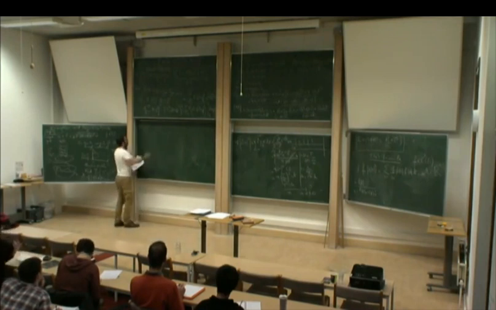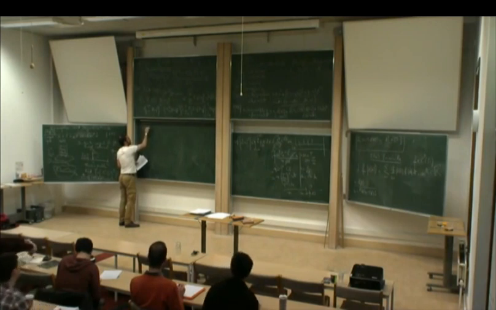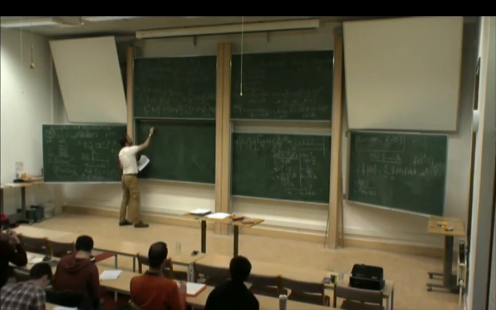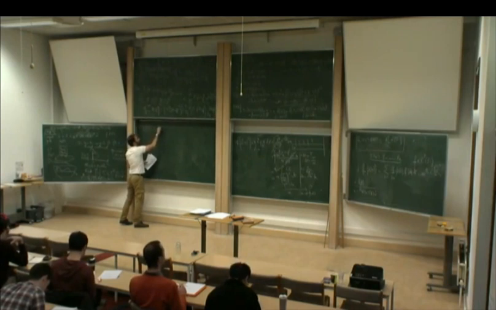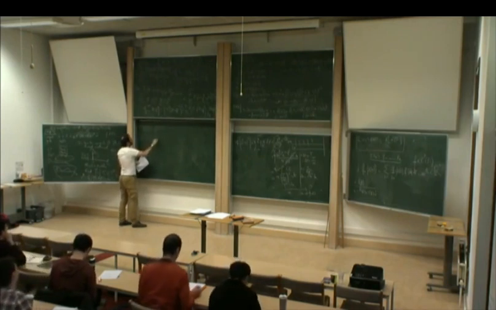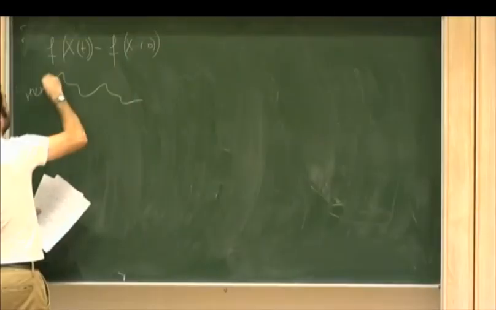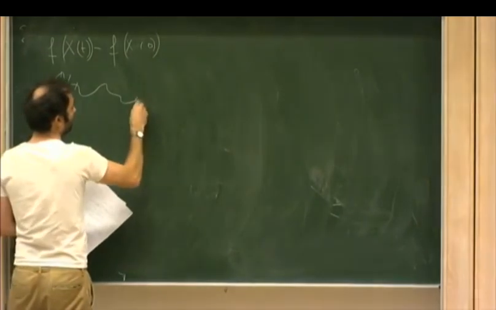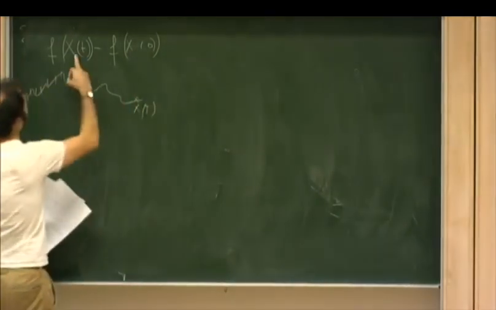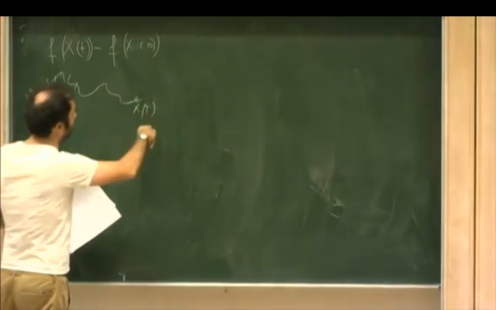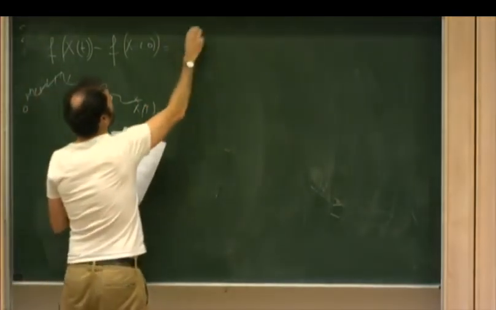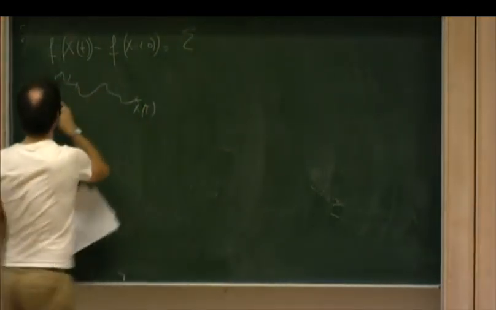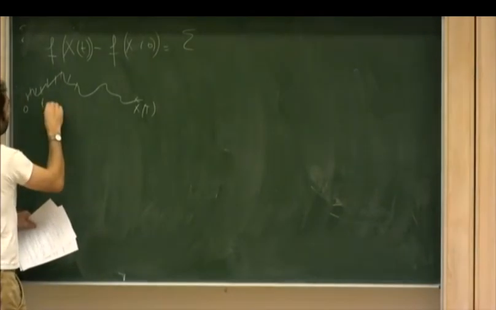So to do this, we'll do the same as before. You want to calculate f of x of t minus f of x of 0. So you have a stochastic process, and basically we decompose in time along the trajectory. This is 0, this is x of time t. It has a deterministic element and a stochastic element, and we decompose by cutting into intervals of size delta t.